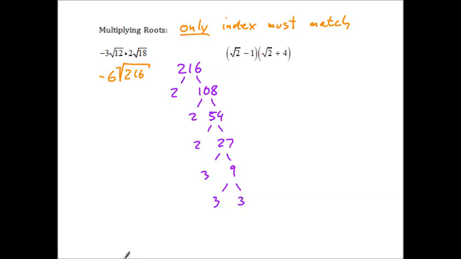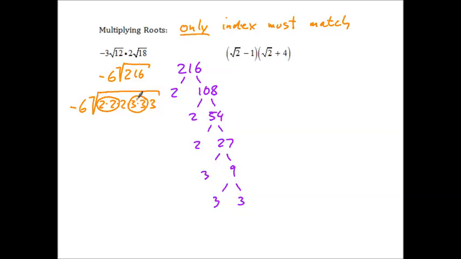So what we have now is negative 6 times the square root of 2 times 2 times 2 times 3 times 3 times 3. And yes, of course, you can write this with an exponent 2, but I want to go ahead and circle the pairs that we can pull out from underneath our radical.